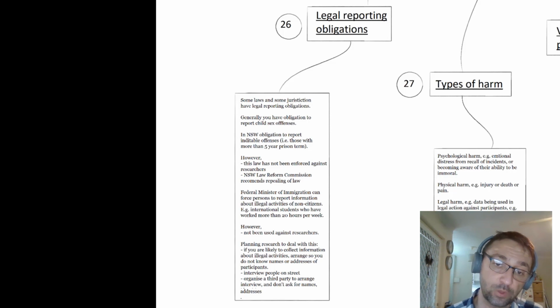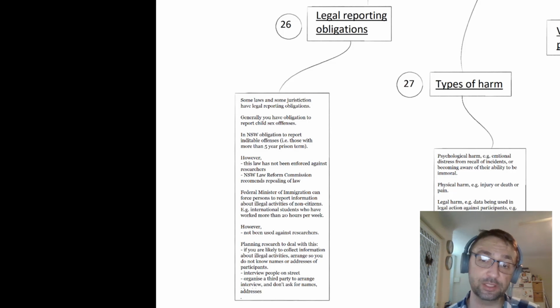So if we had information about an international student who worked more than 20 hours per week, there's a possibility that any of us as researchers could be forced to give that information to the Minister of Immigration. Again, we are not aware of any cases where this has actually been used against researchers, and there are good reasons to think that it wouldn't be, but you should be aware of it.